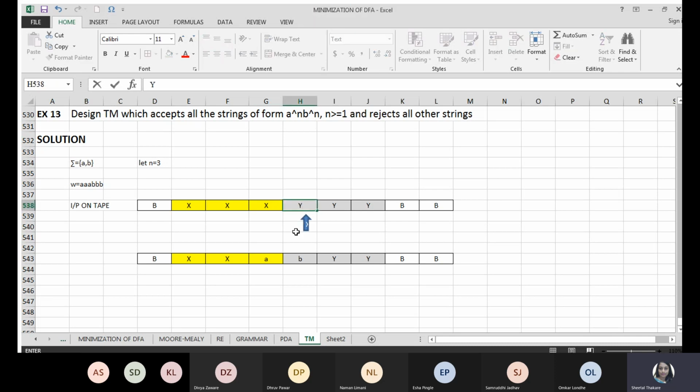Corresponding B is converted to Y. Keep moving towards left till you encounter X. Go to its right. You are hoping to encounter A, but you encountered Y instead. So this will be the accepting condition.